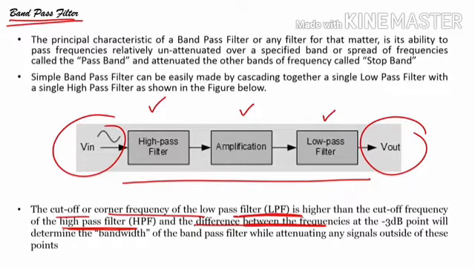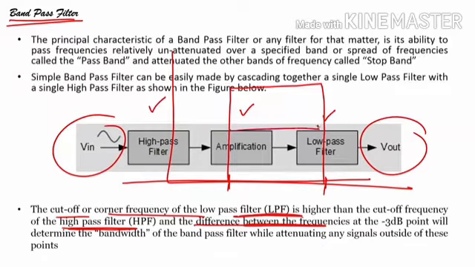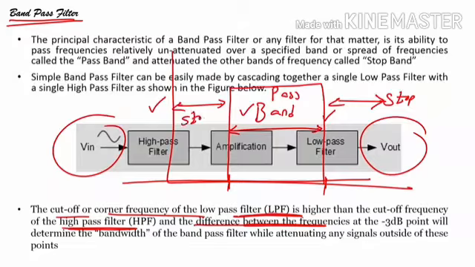If I draw the cutoff frequency of the low pass filter and the cutoff frequency of the high pass filter, the difference between them is the band which will be allowed to pass. This is the pass band, and this is the stop band, and this is also the stop band. This is what this sentence means.